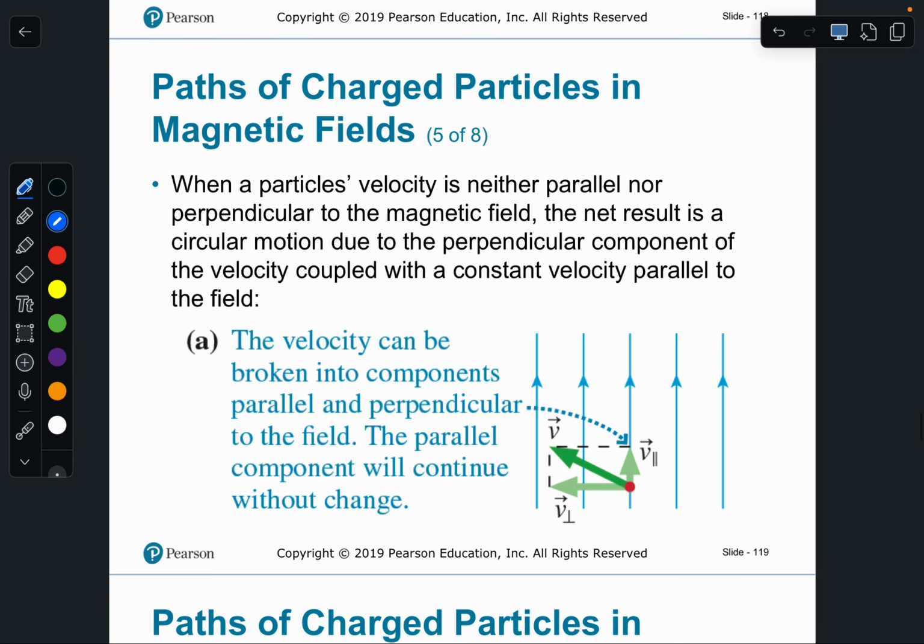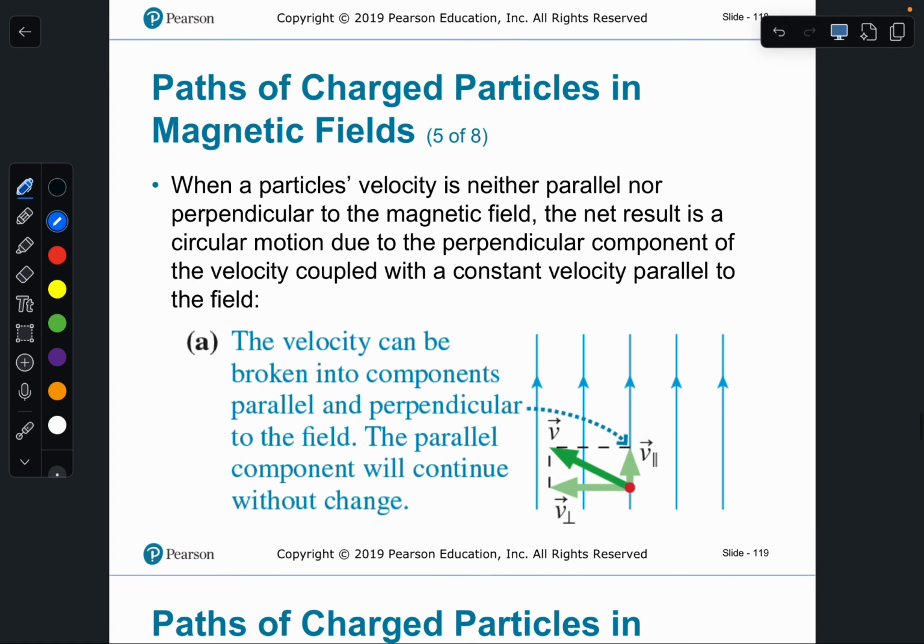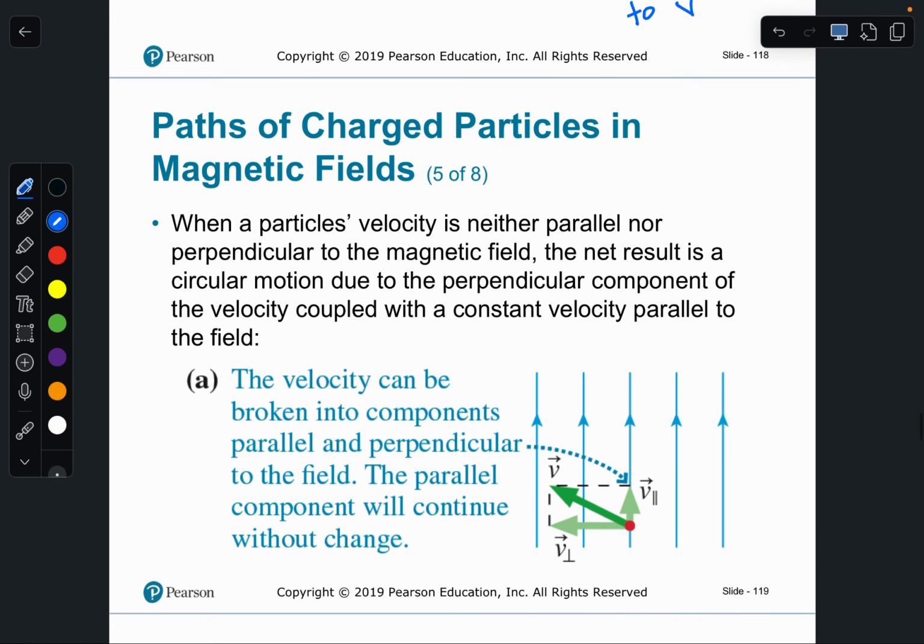Well, what if the velocity is not perfectly perpendicular to the magnetic field? What happens? Let's say only one component of the velocity is perpendicular to the magnetic field. What does the other one do? Well, the other one makes the particle just continue to go straight, right?